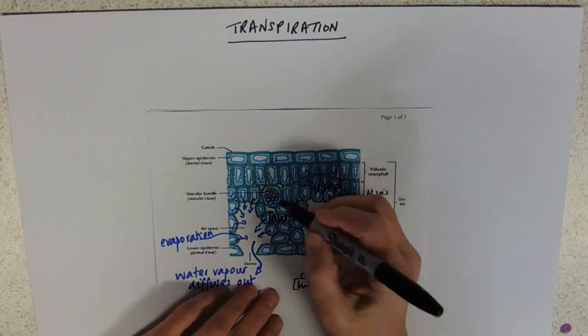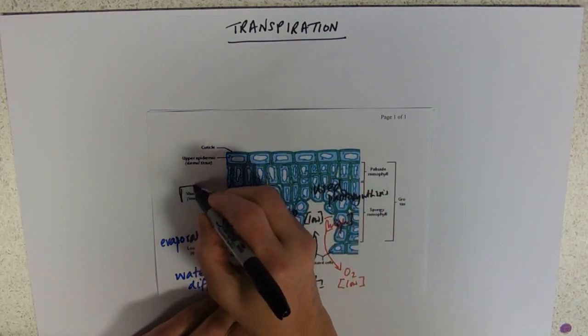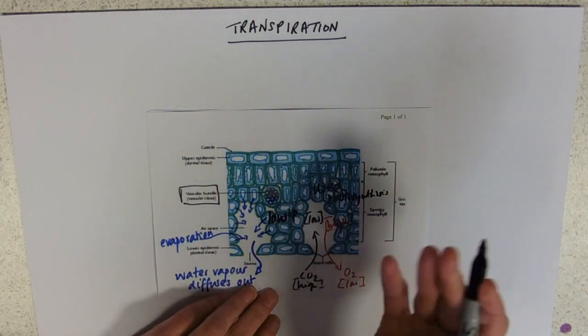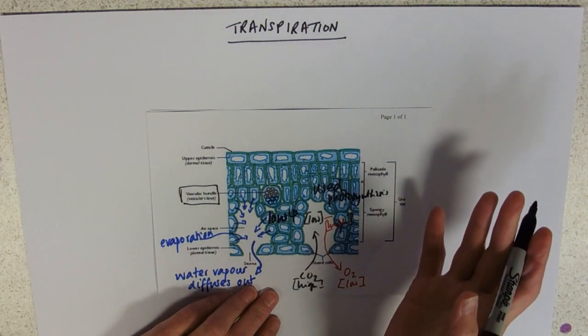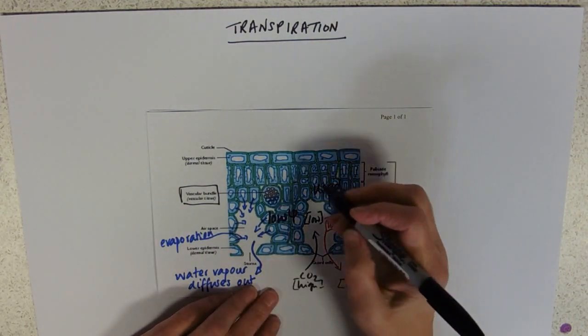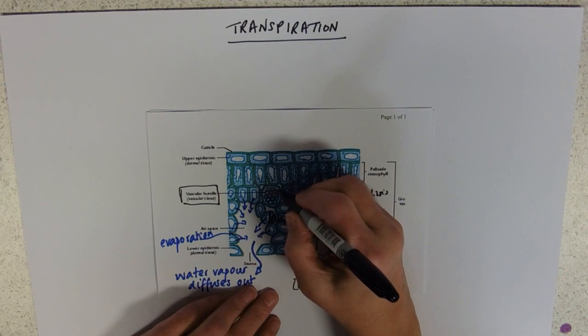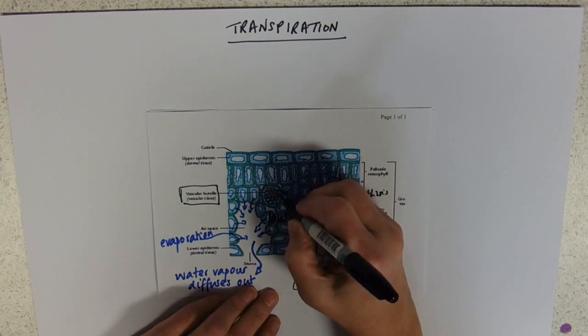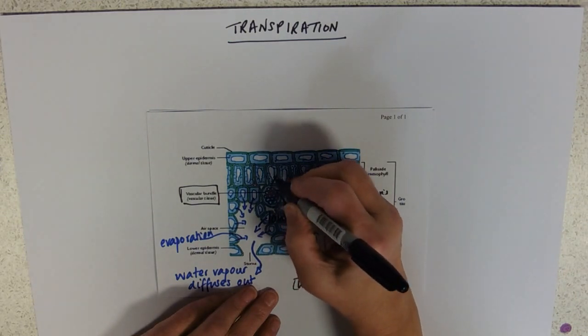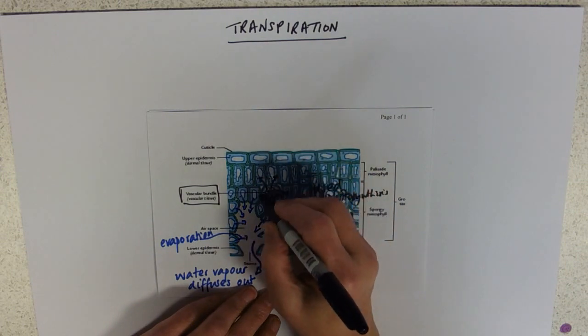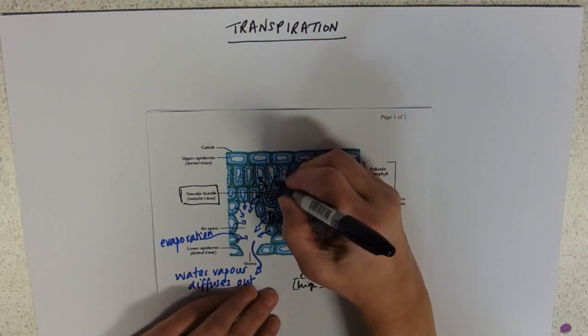And of course in our vascular bundle here we've got xylem carrying water, and it's got loads of water. So what we get is osmosis out of the xylem and into these cells that are losing water.